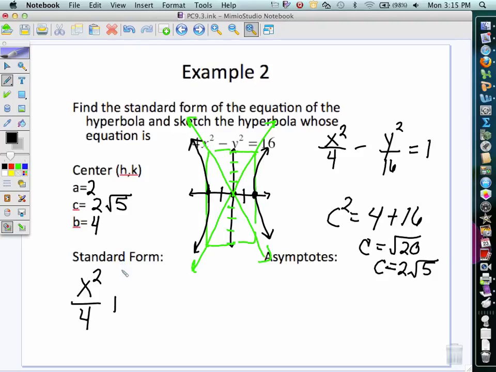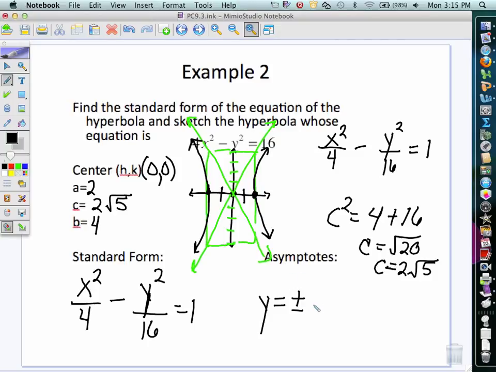So my standard form, again, is x squared over 4 minus y squared over 16 equals 1, and the asymptotes would be y equals k, and the center was at the origin, (0, 0), so it's 0 plus and minus.